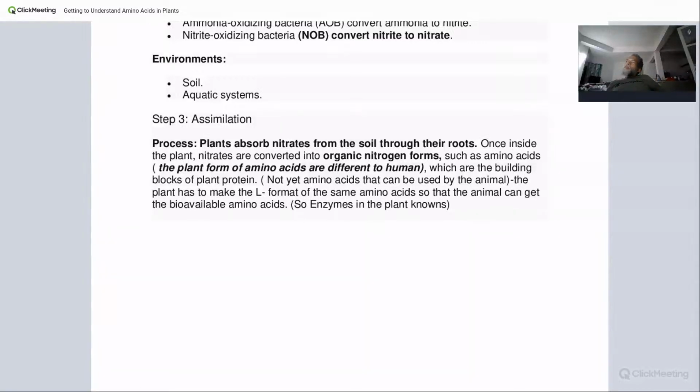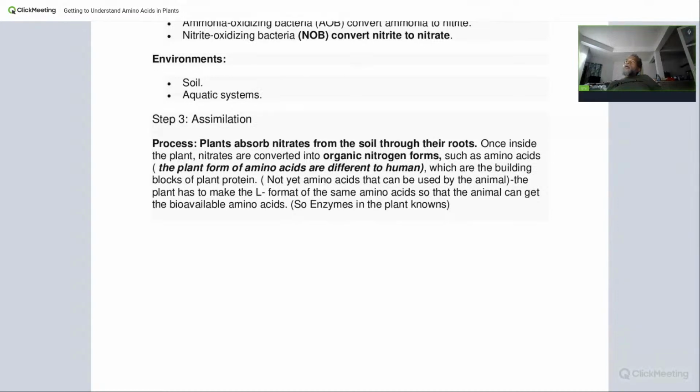So if not for the plant roots, we don't get nitrites. And if we don't get nitrites, then we won't get the plant having what is called nitrogen compound. And these nitrogen compounds come together in the plants. Once they are in the plants, the nitrites are converted into organic. When you see the word organic, it means things that animals could eat.